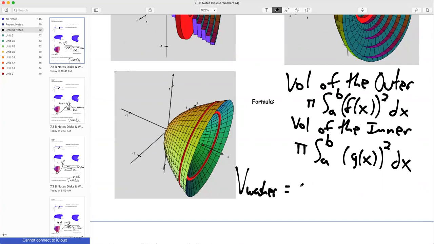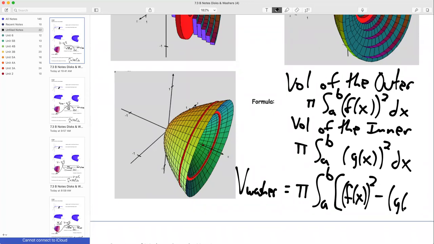It's going to be pi times the integral from A to B of the top equation, f of x, squared, minus the bottom equation, g of x, also squared, with respect to x.